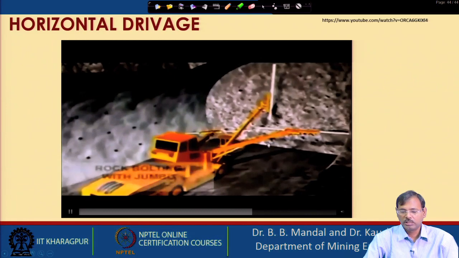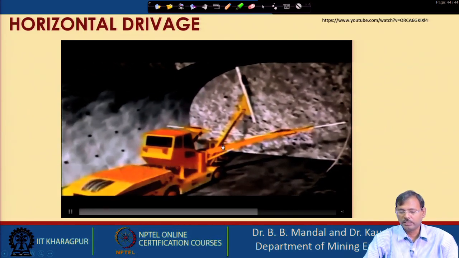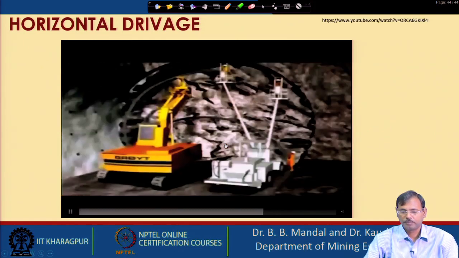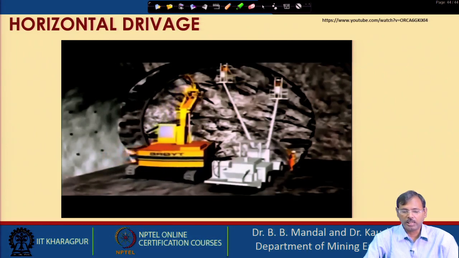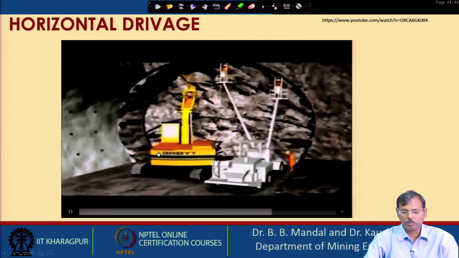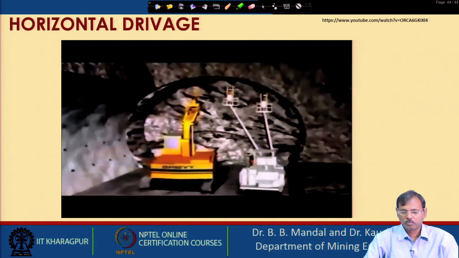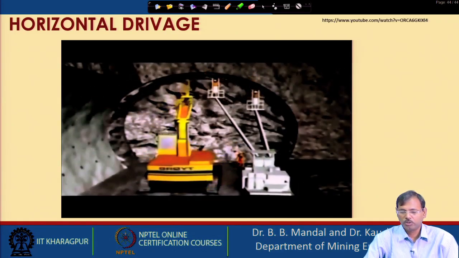So, rock bolting is carried out, again it is a 3 boom rock bolter. And this is the earth support, fixing of earth support is being carried out. So, these are different support systems which are used.